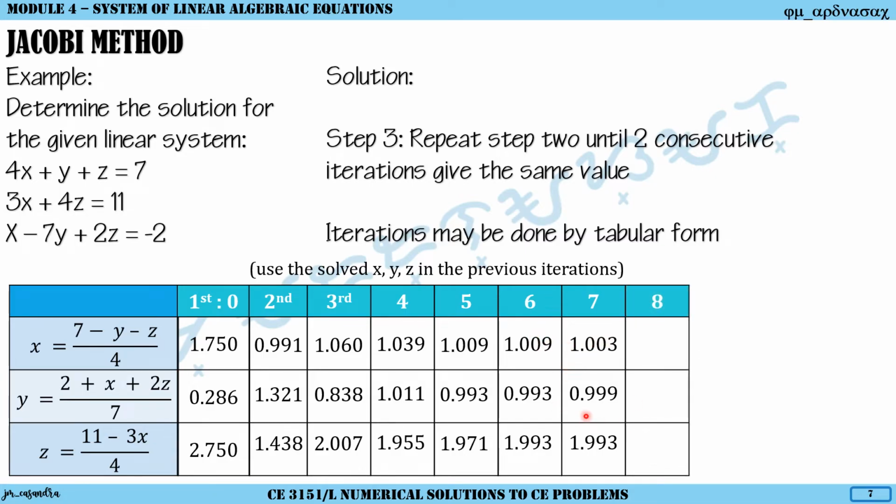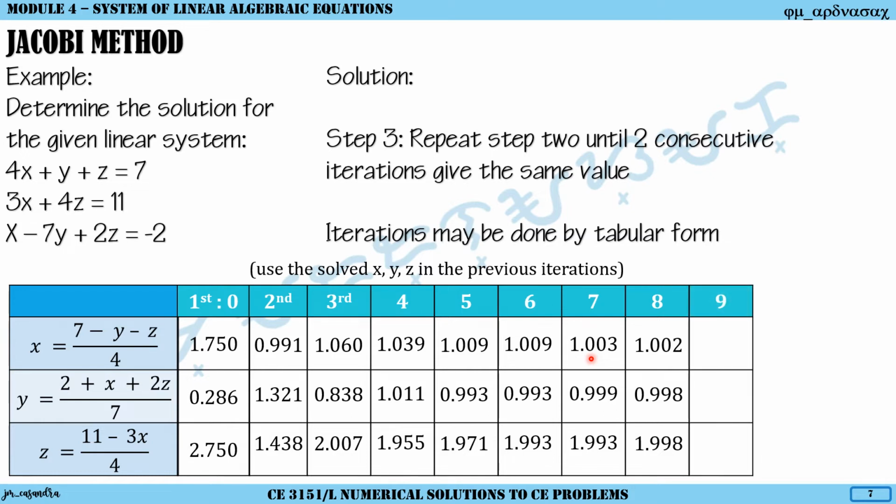So again, we continue with iteration 8. So we use the values of iteration 7, substitute this in our working equations. So for 8, we'll have x equal to 1.002, y equal to 0.998, z equal to 1.998.